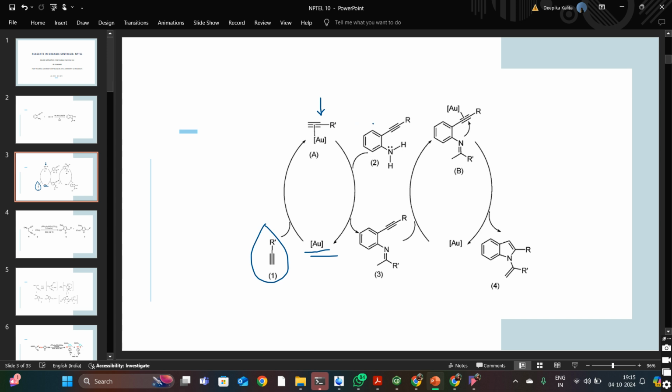So you see this alkyne is activated, because of which the lone pair of the aniline is going to attack at this position, because see your alkyne is of this type, okay, R dash, and when it coordinates to the gold metal, there are two possibilities of carbocations that you are going to get in the course of the reaction.